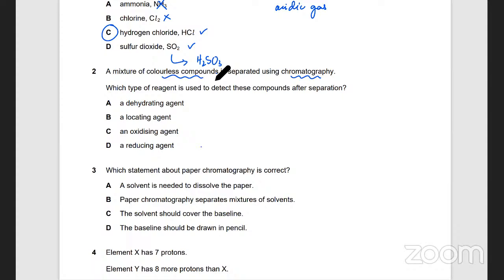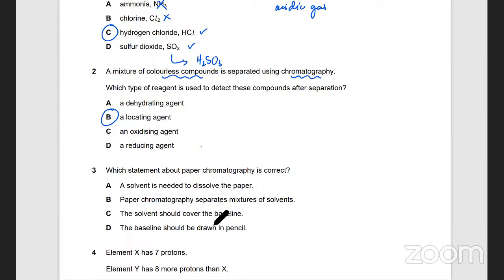You're doing chromatography. तो क्या करोगे? You can't see the colorless compounds, right? So how do you make them colored? उसका है locating agent, ठीक है? Is that clear? ठीक है, so you add a locating agent.